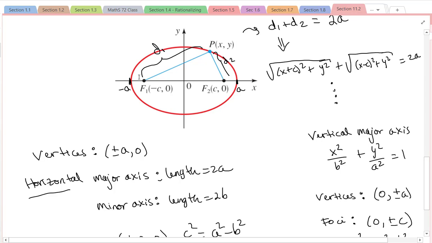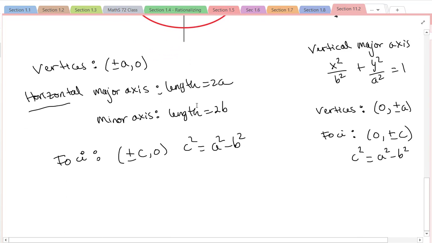By looking at the picture here, notice that if the foci are close to the vertices, we're going to get a very elongated ellipse. Whereas if these foci move in closer towards the center of the ellipse, then it's not going to be as elongated, so it's going to resemble a circle.